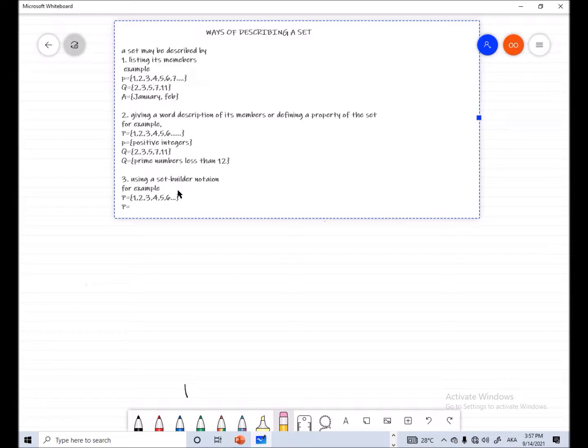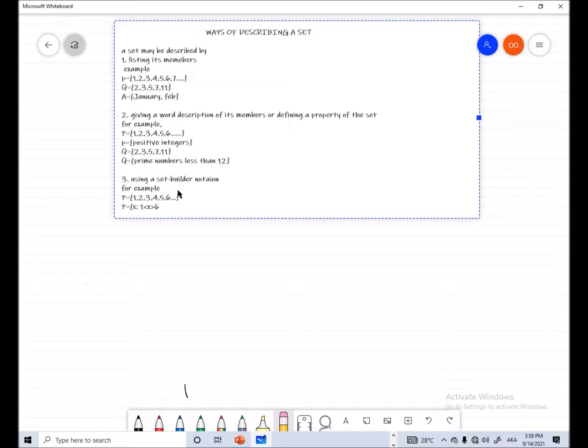So we can write it this way: x, which stands for the members, such that 1 is less than or equal to x, less than or equal to 6.